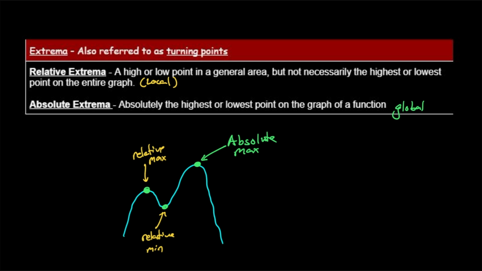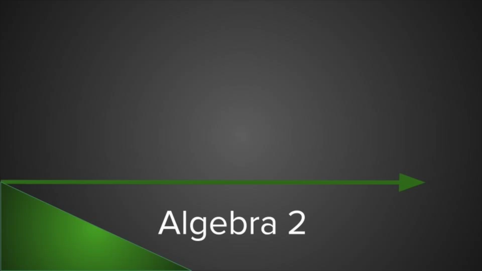An absolute extrema as a visual representation would be Mount Everest, because it's the highest point on the planet. And a relative extrema would be like a hill in your local town, which would be a high point, higher than stuff around it, but it's not the highest point. And when we're discussing polynomials, oftentimes you'll hear extrema referred to as turning points because the graph changes its direction.